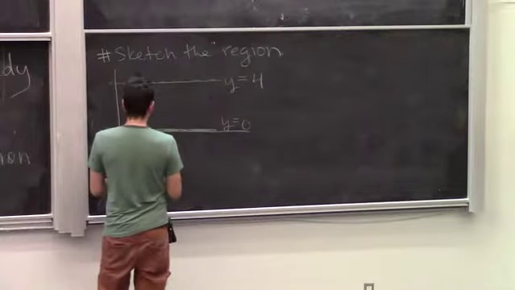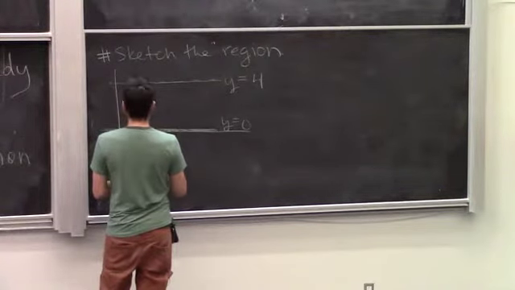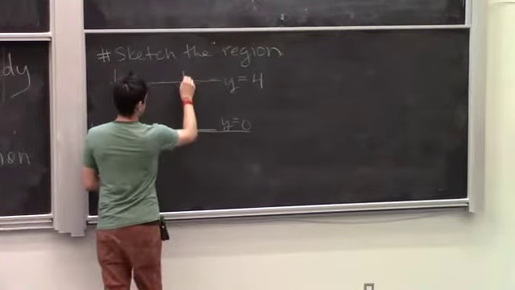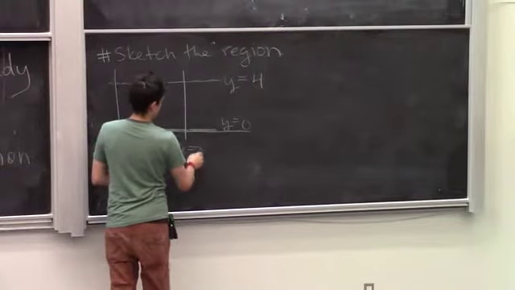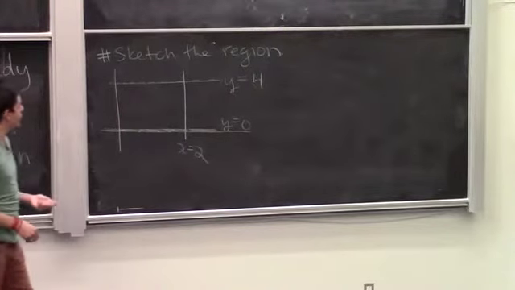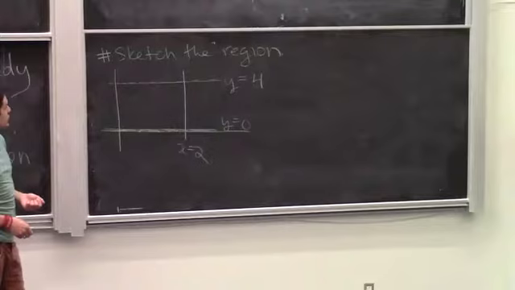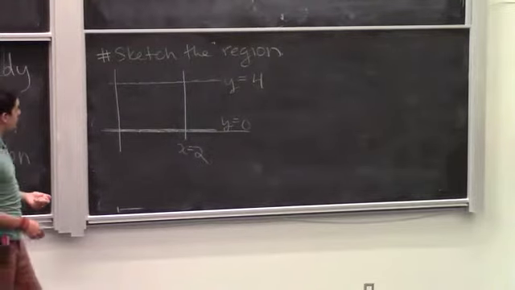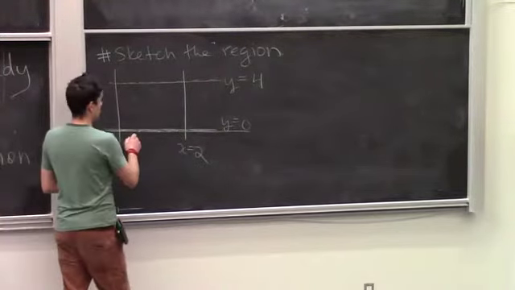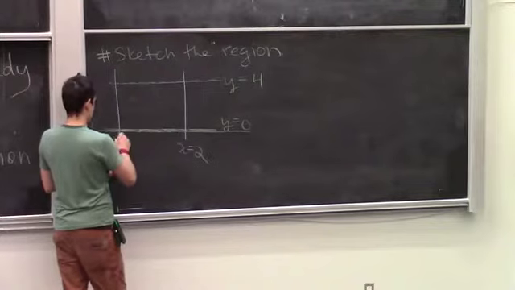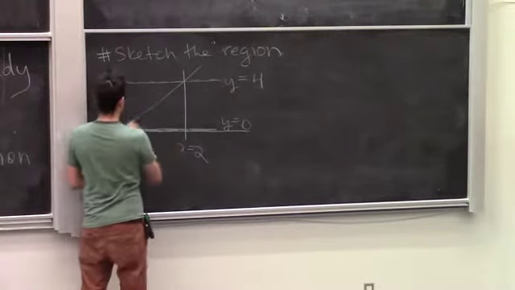So that will be x goes from, here's x equals 2. And now we're going to go from y over 2. So that will be here.